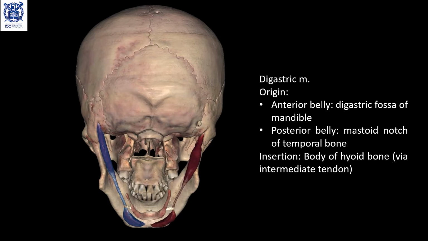It lies posterior to the parotid gland and the facial nerve. The mastoid notch is a deep groove between the mastoid process and the styloid process. The posterior belly is supplied by the digastric branch of the facial nerve.